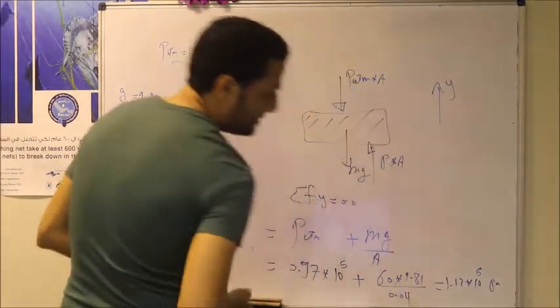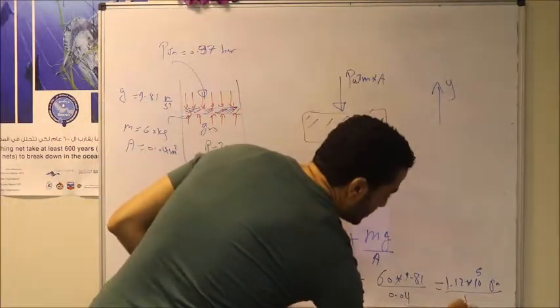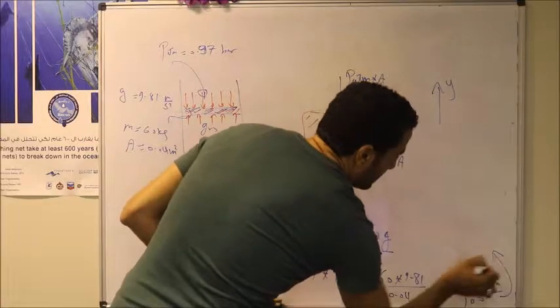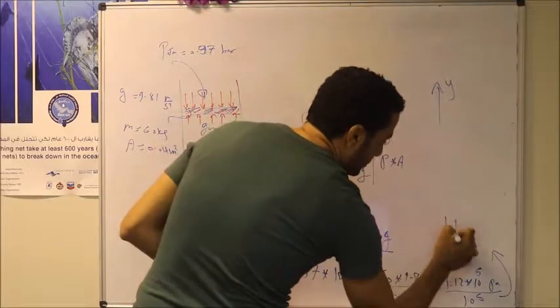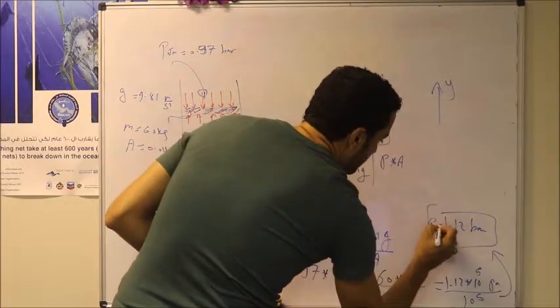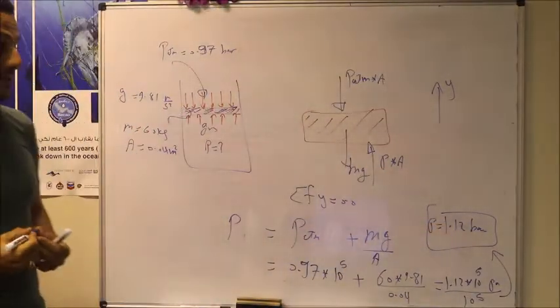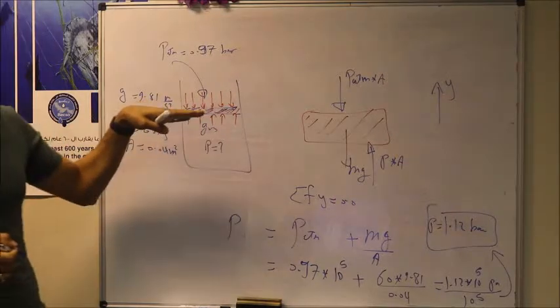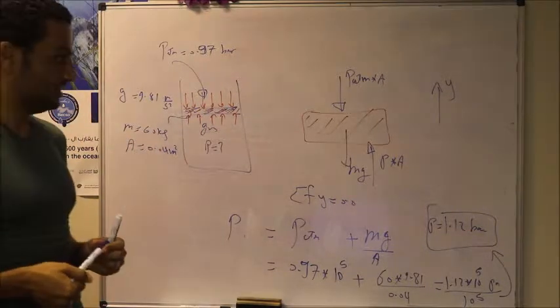If we divide this value by 10 to the power 5, we get the pressure equal to 1.12 bar, and this is the value of the pressure in bar that can keep this piston in position without any movement.